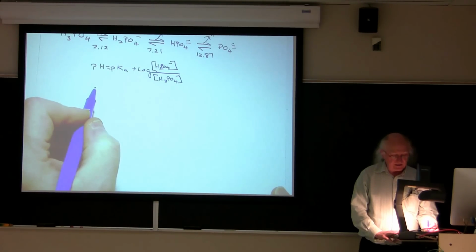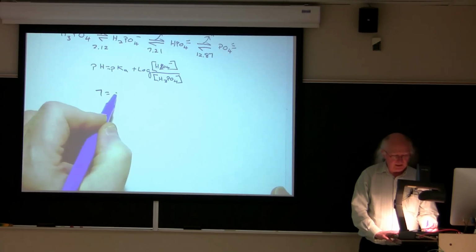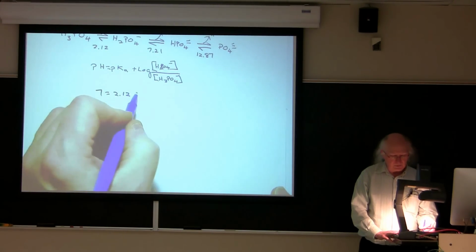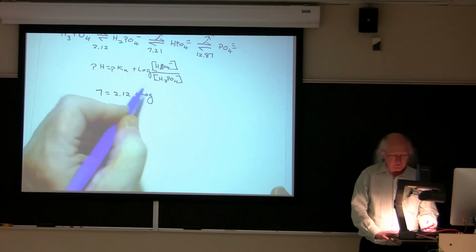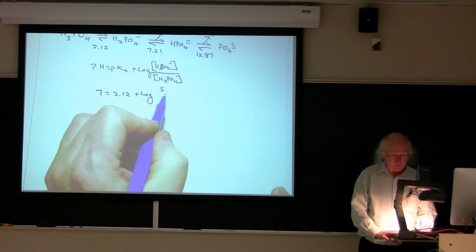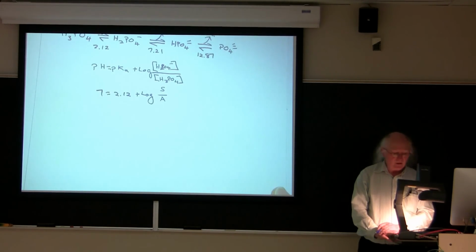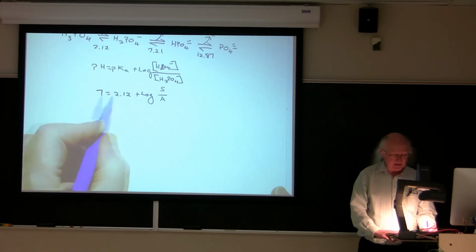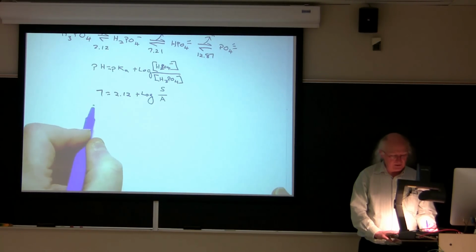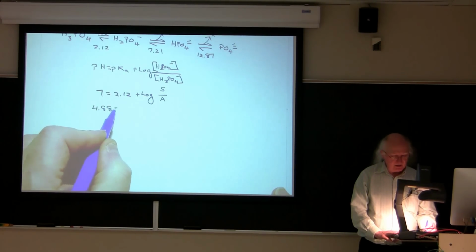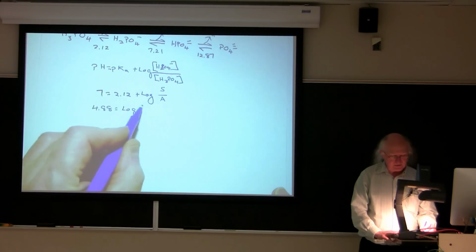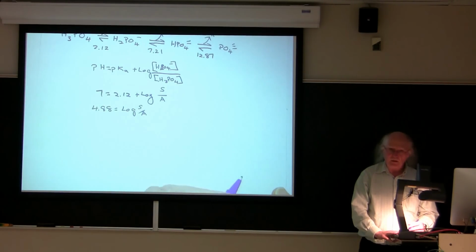Plugging our numbers in, we see that the pH of 7 equals the pKa of 2.12 plus the log, and I'm going to abbreviate here as the salt over the acid. Well, when we do that, we see that taking the 2.12 to that side, we get 4.88 equals the log of the salt over the acid.